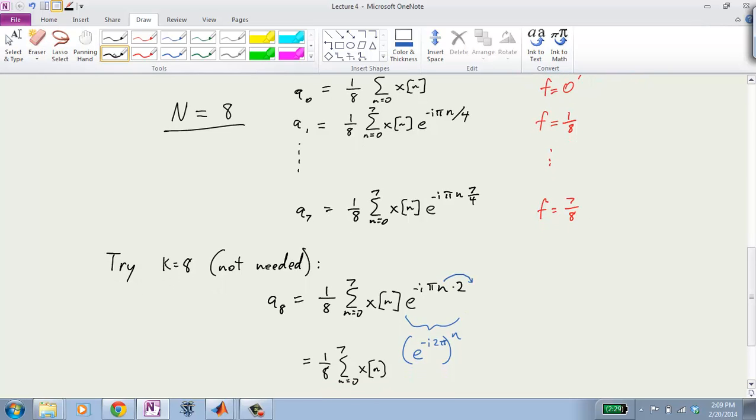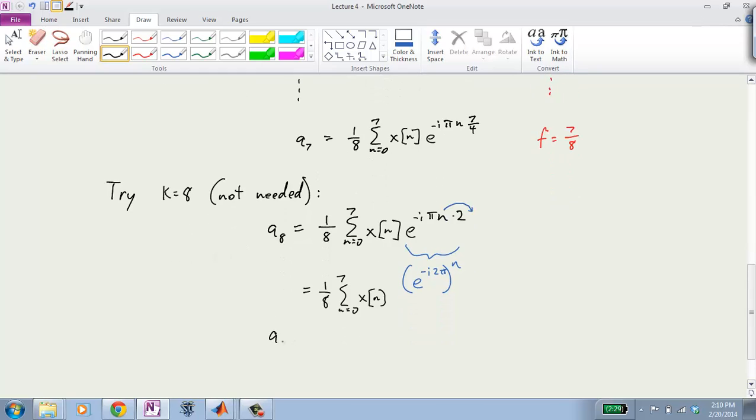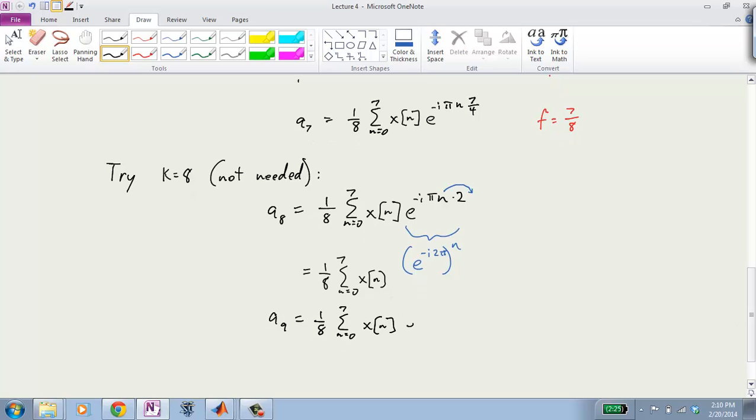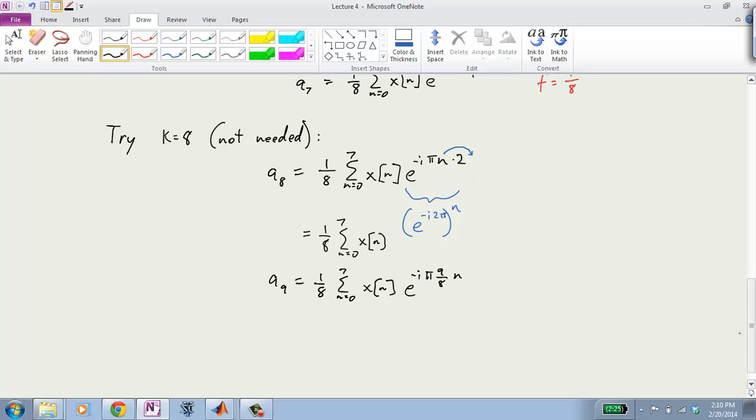Okay? For demonstration purposes, I will show you that A9 equals, what do you think it's going to equal? A1. It's going to equal A1. Let's just check. So we would do e to the i pi, it would be 9/8 n, but we can pull out an 8/8 and a 1/8.